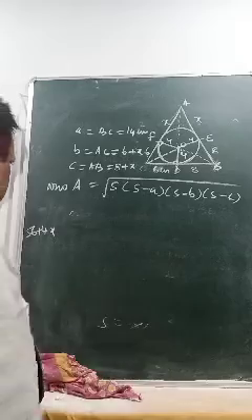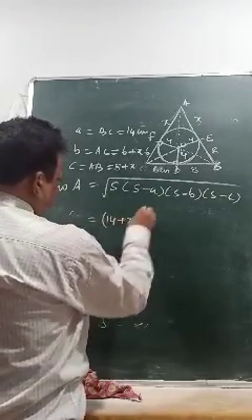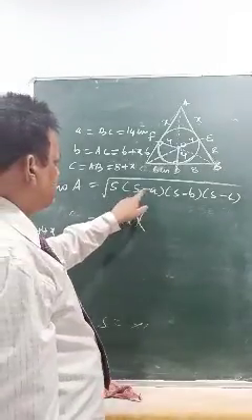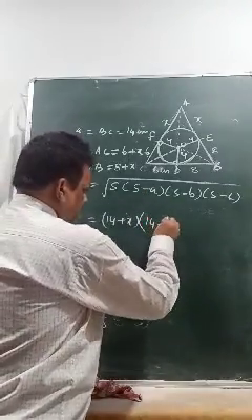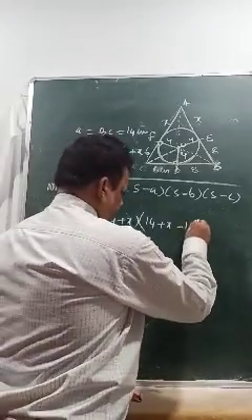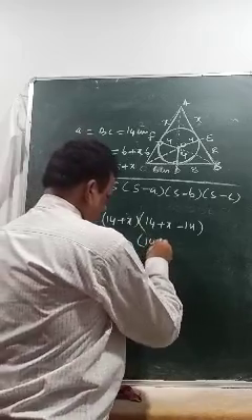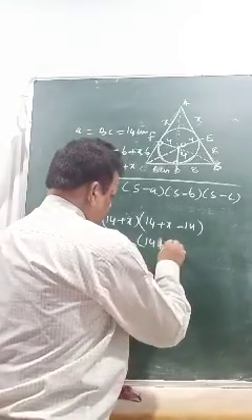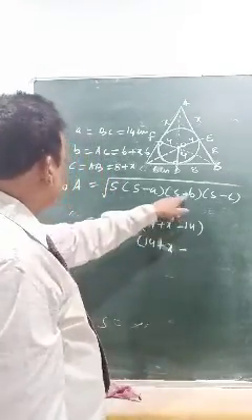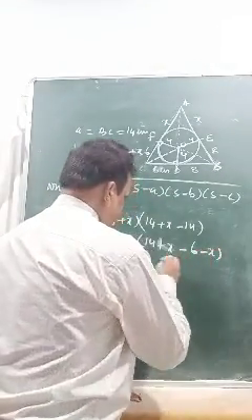So S is how much? 14 plus x into S minus a. 14 plus x minus a. a means 14, into 14 plus x minus b. b means 6 plus x, so minus 6 you write.